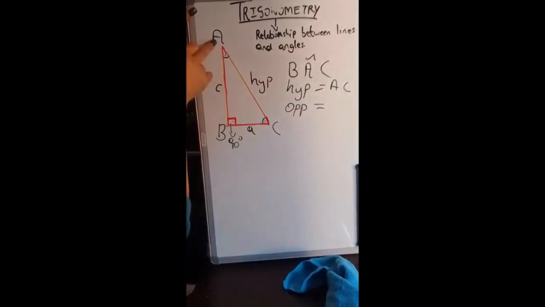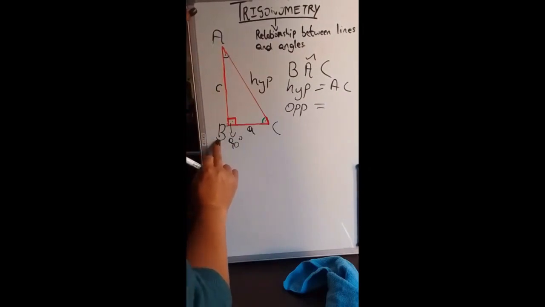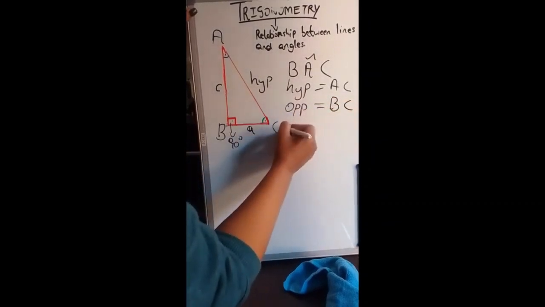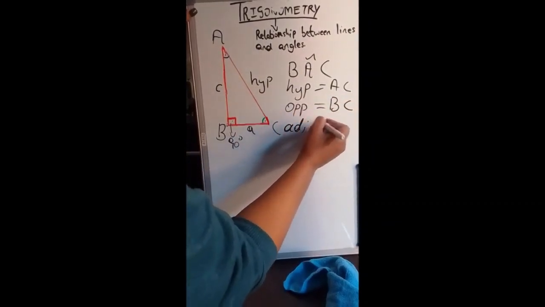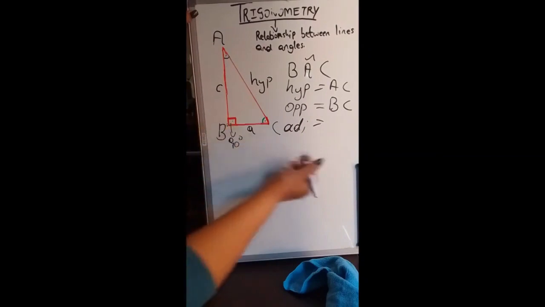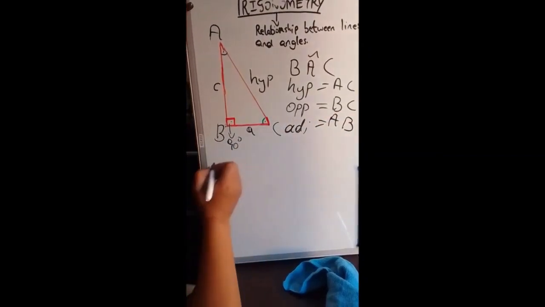It is the side that is directly opposite it. So angle A is opposite side BC. And then what would be the adjacent side? It's the side that is right next to it. So angle A is adjacent to side AB.